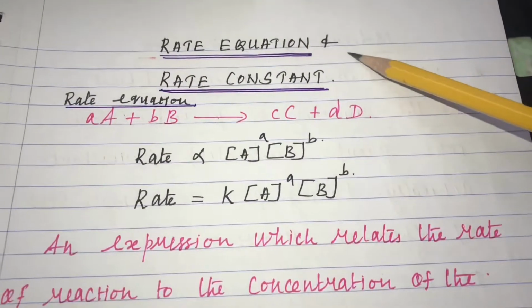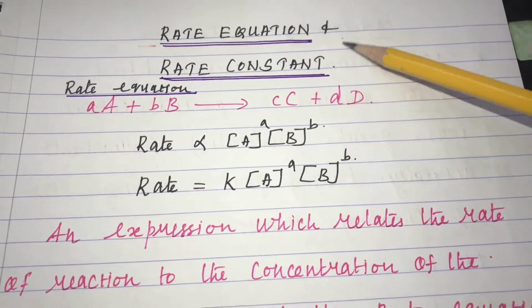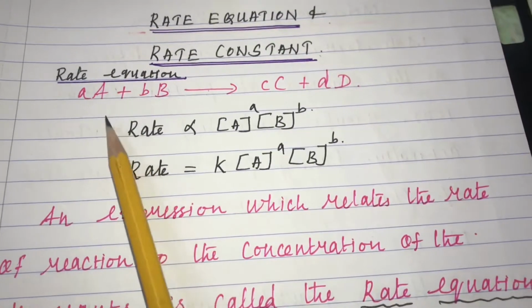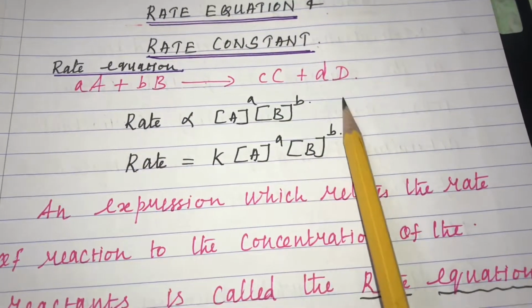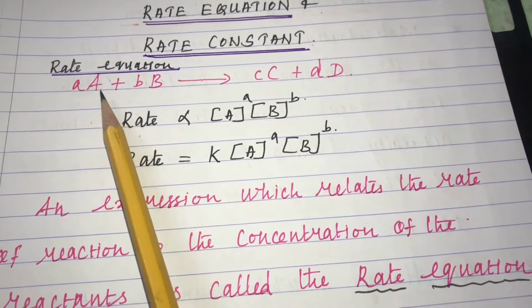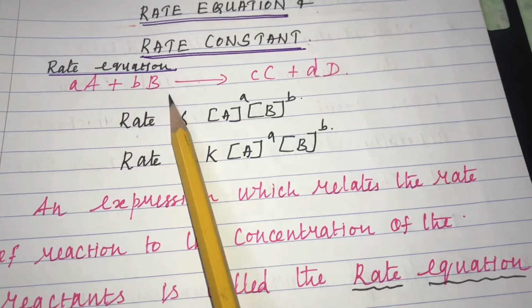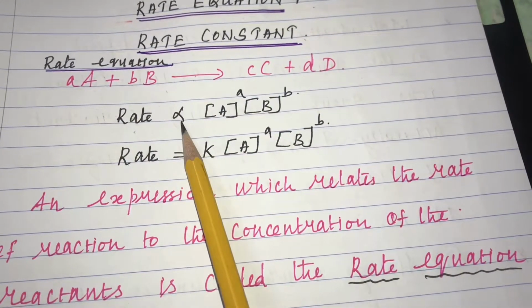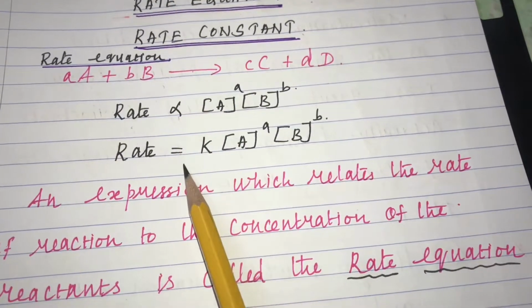Next one is the term called rate equation and also rate constant. Now, consider reaction A and B to form C and D. Here, the rate of chemical reaction is directly proportional to the concentration of A and B. To remove the proportionality, we write it in the form of an equation.